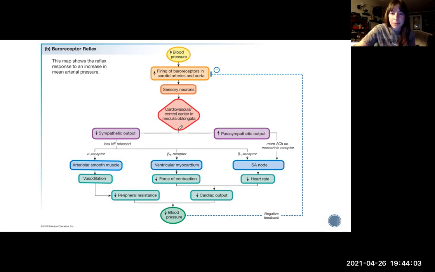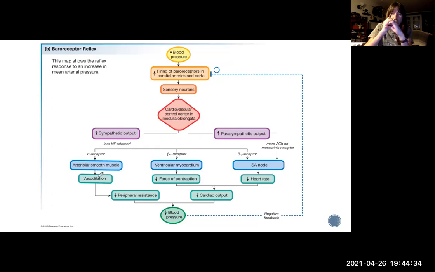The central nervous system. It's going to then kind of cut out the sympathetic part. So basically, you're going to decrease the action of the sympathetic nervous system. So that means that less of its neurotransmitter, which is norepinephrine, is going to be released. As a result of that, you will have the smooth muscle of your arteries relax.